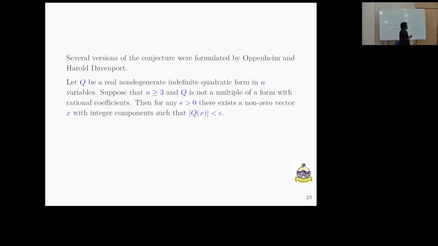He says that if you take a real non-degenerate indefinite quadratic form Q in n variables, with n greater than or equal to 3, and Q is not a multiple of a form with rational coefficients, then for any epsilon you can find some vector x such that Q(x) is very small, right? Now you can see that finding 0 modulo p to the n is important. That's why you say this is a periodic analog, in our case.